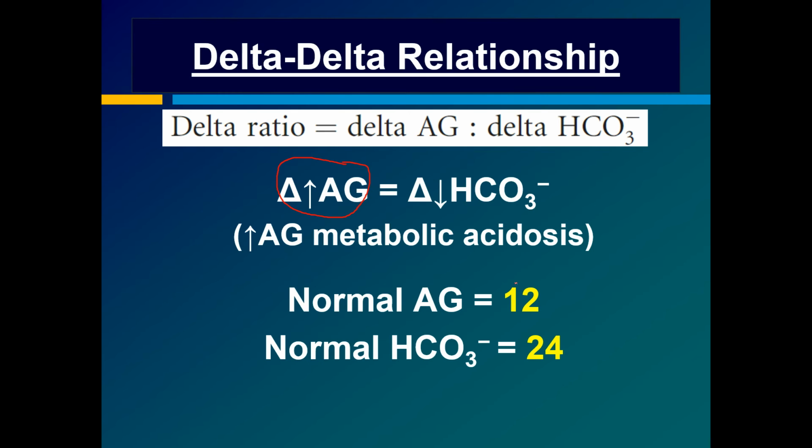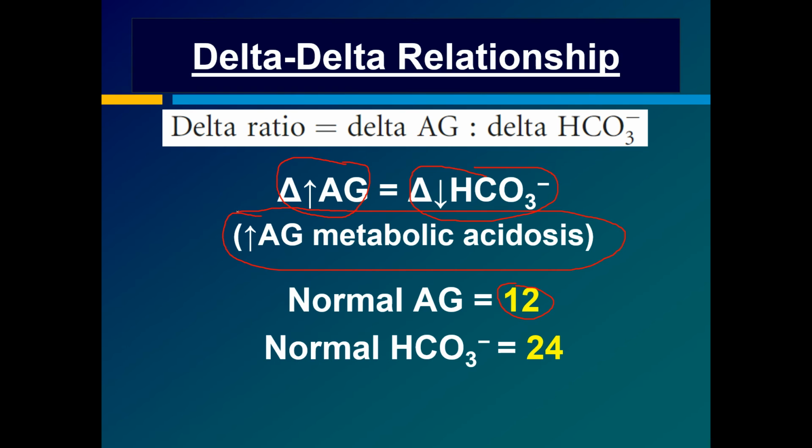If your anion gap is normally 12 and now it's 24, that difference is 12. So in that case, you would expect your serum bicarbonate to decrease by that same value. So if your anion gap, let's say, goes up by 10 and your bicarbonate decreases by 10, that's consistent with an increased anion gap metabolic acidosis.